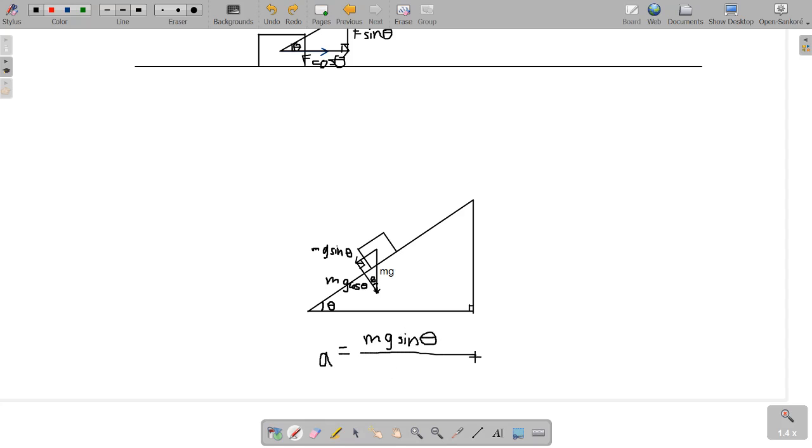So a is just mg sine theta over m, which is g sine theta.